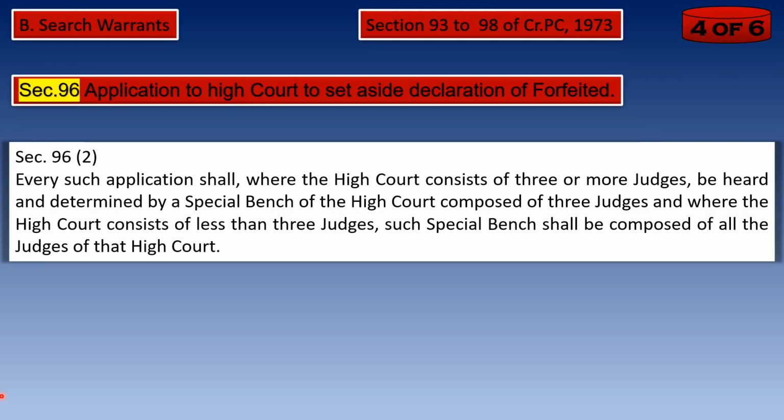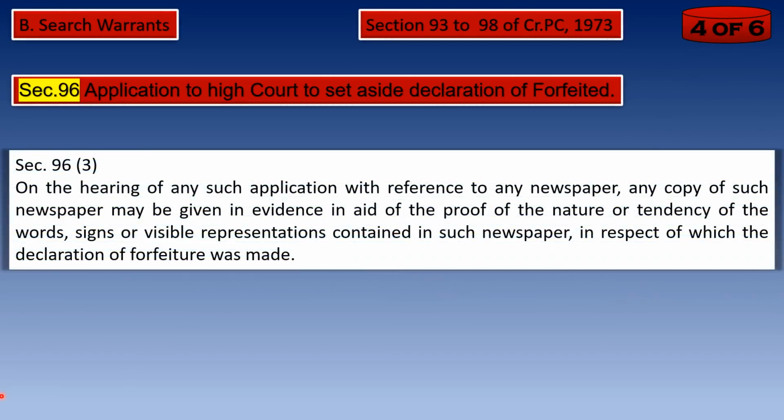Next, subsection 3 of section 96 says on the hearing of any such application with reference to any newspaper, any copy of such newspaper may be given in evidence in proof of the nature or tendency of the words, signs, or visible representations contained in such newspaper in respect of which the declaration of forfeiture was made.